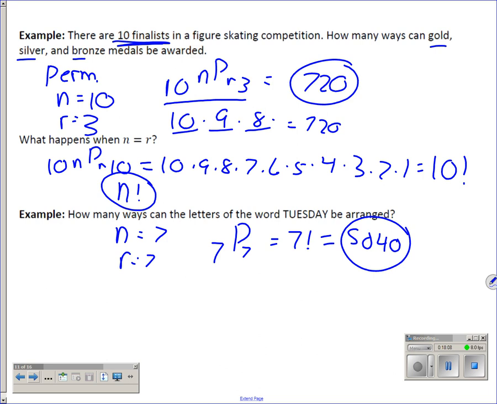So I could ask, what's the probability of it being "Tuesday-yad"? What's the probability of having the word Tuesday-yad? 1 out of 5,040, I don't know. Day twos. Tuesday is day 2 of the work week. That's pretty clever.